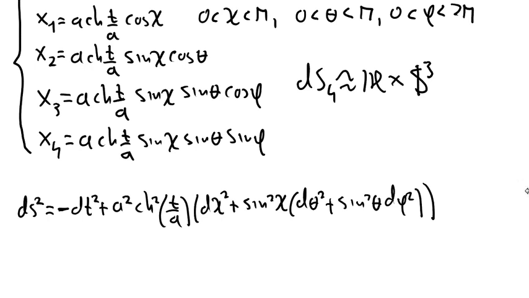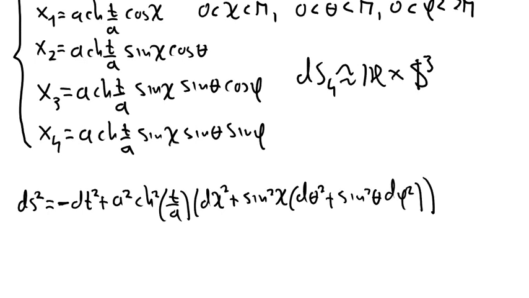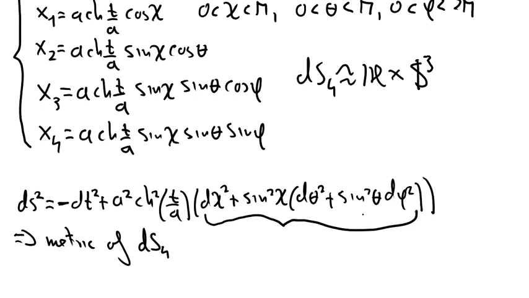And so this is the metric of the de Sitter spacetime. In this expression, this is the metric of the round 3-sphere.